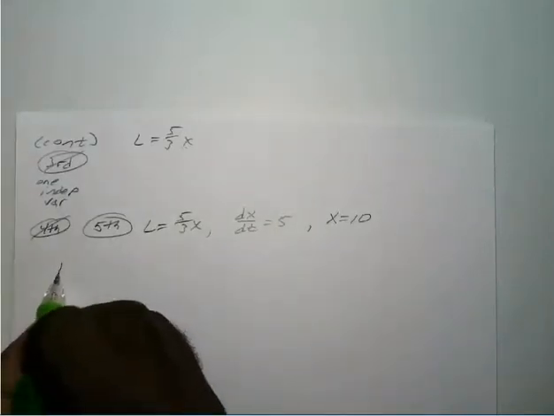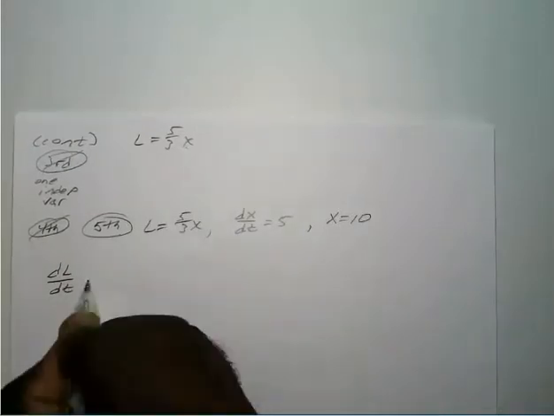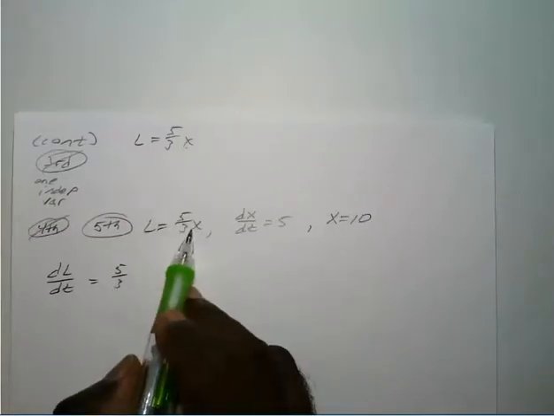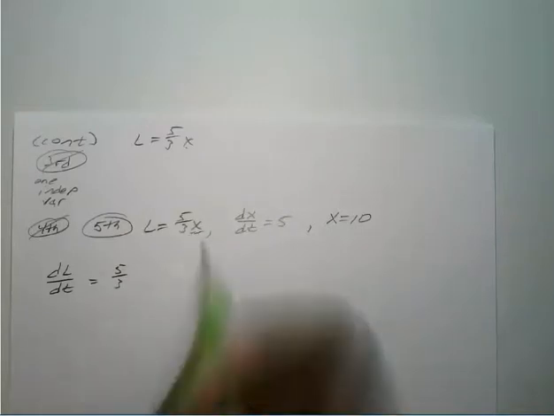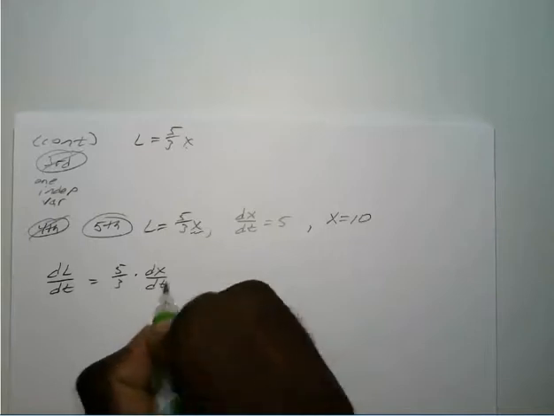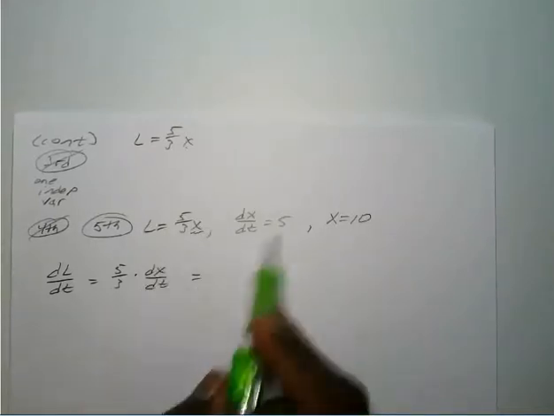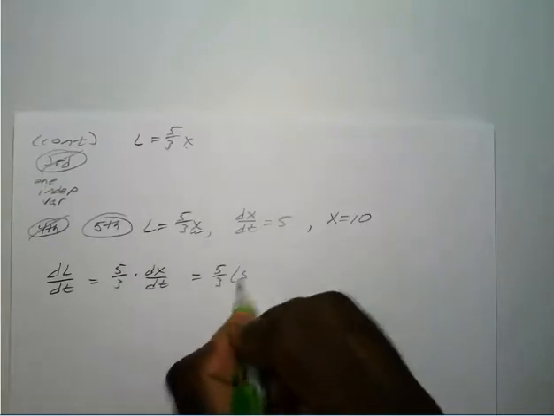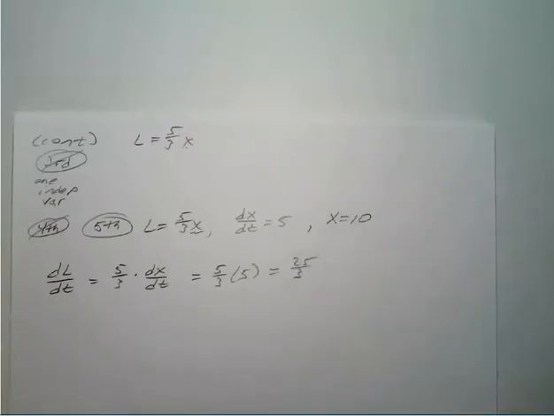Okay, so the rate of change of L with respect to t is equal to 5 over 3. Remember, the derivative of 5 over 3x is just 5 over 3 times the derivative of what's inside times dx dt. We know our dx dt is equal to 5, so that's 5 over 3 times 5, which is 25 over 3.